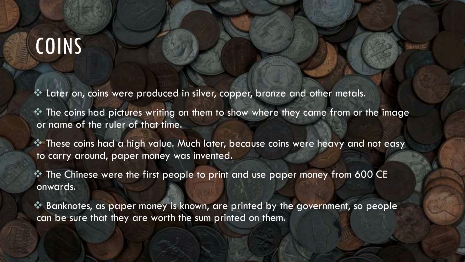These coins had a high value, but coins were heavy and not easy to carry around. So that's why paper money was invented. Clear? Because coins were heavy and not easy to carry around all the time, paper money was invented.